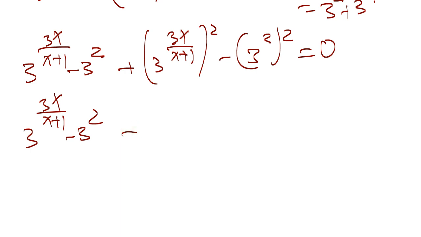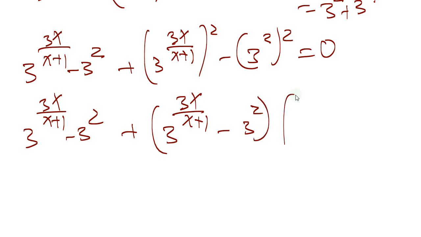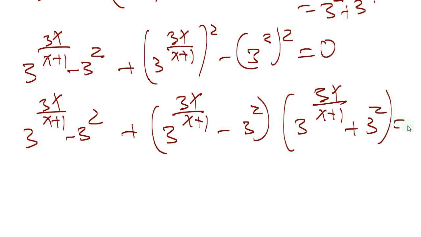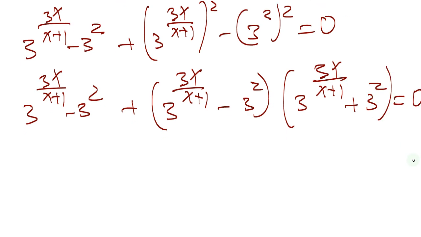I'm going to leave it the way it is. So this is 3 to the 3x over x plus 1 squared, first one, minus 3 to the 2, and then this will multiply 3 to the 3x over x plus 1 plus 3 squared. Okay, this is equal to 0.